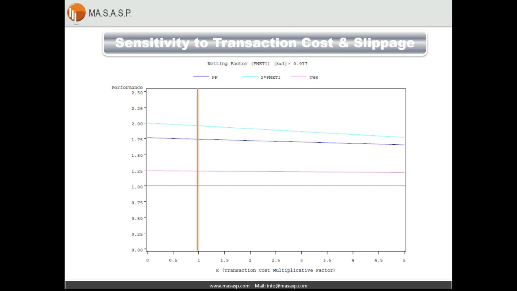Well, the tick 1 on the x-axis, marked with the orange vertical line, refers to the standard condition, which means no liquidity issues at all. In that condition, we would have a netting factor of nearly 0.977.